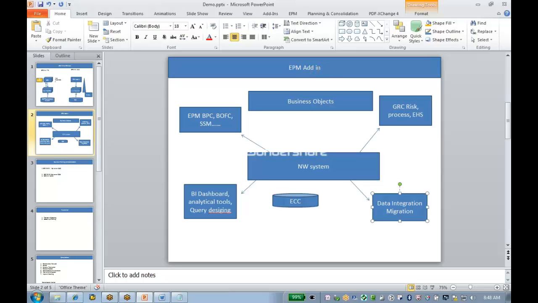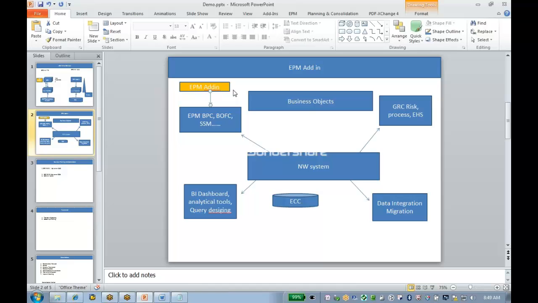Now, what is the EPM add-in? Using the EPM add-in as front end, I can connect to all these tools. In EPM 10, they released the EPM add-in.